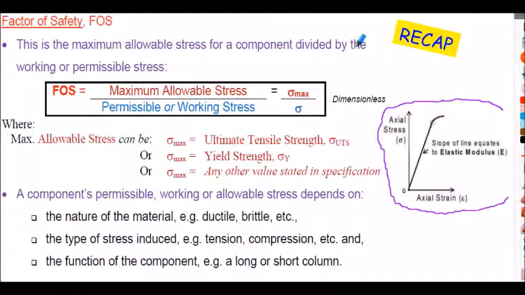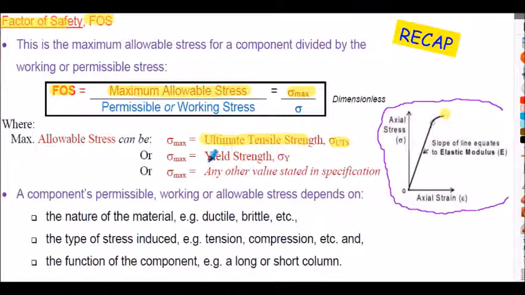And the first one, just to mention a factor of safety. We've covered this many years ago, probably now, FOS as it's sometimes called. The factor of safety is defined as the maximum allowable stress, and that could be the ultimate tensile strength, the UTS, which would be that value there, sort of failure stress up there.